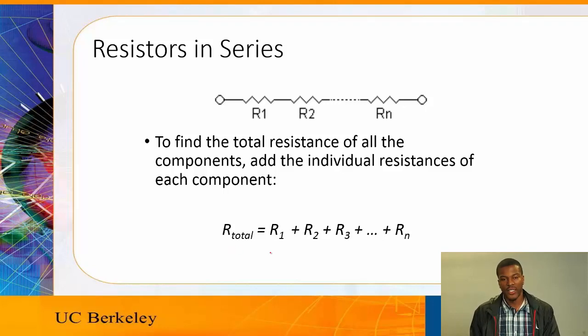The expression for this is shown at the bottom. So in other words, for this branch of series resistors at the top, the equivalent resistance across point A and point B is the sum of all the individual resistances.